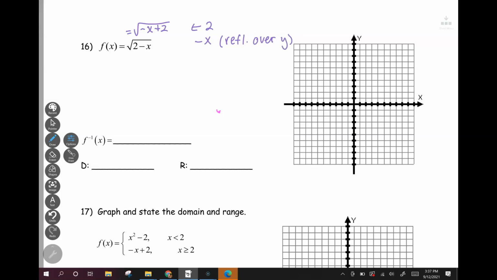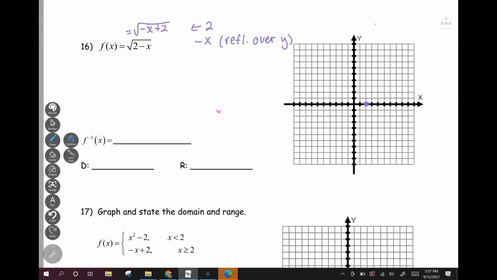So I'm going to go left 2 first, but then I'm going to reflect that point over the y-axis, which puts me here. I know now it makes it look like I went right 2, but that's why we have to do the transformations in that order. Left 2 and then reflect over y, it puts me there.